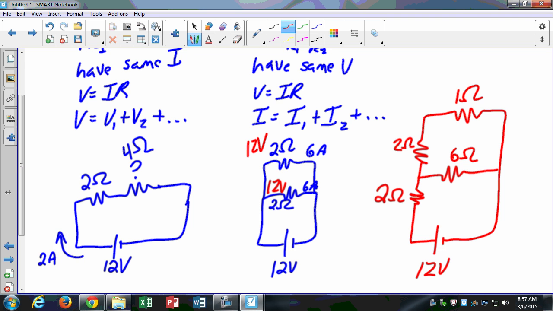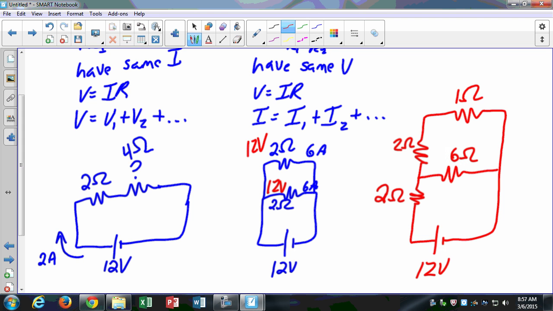Alright, I want to know the voltage or the current across any one of these. Hopefully you can just look at this now and begin to make sense of what the voltages are. So here I have a 2 and a 1, which is 3, and that's paired with a 6 in parallel, 2, and then I have a 2 and a 2 here.